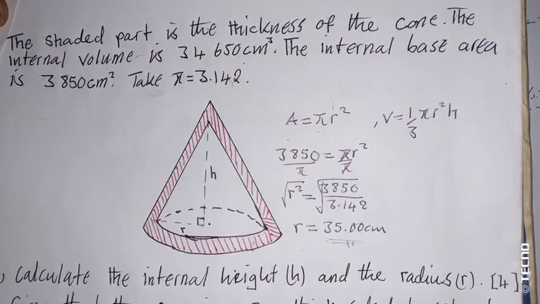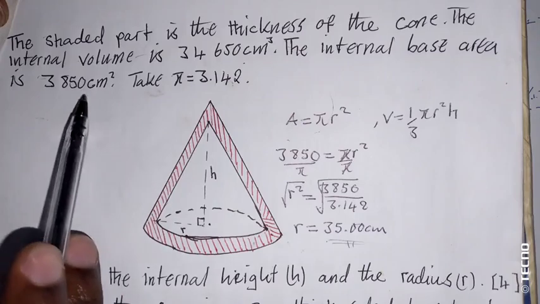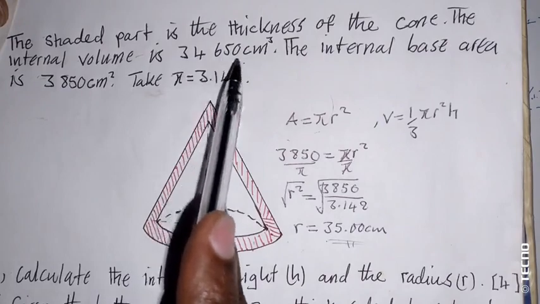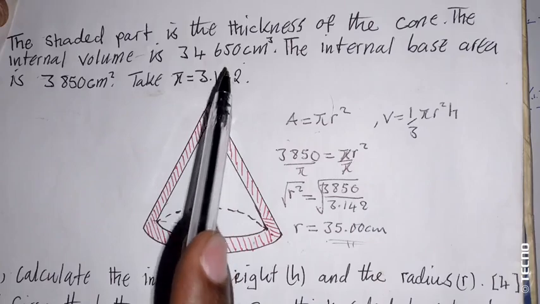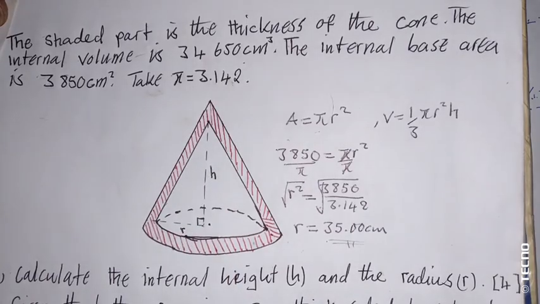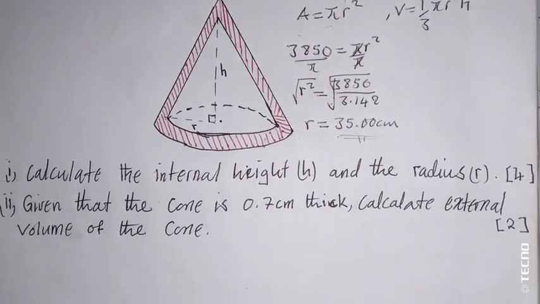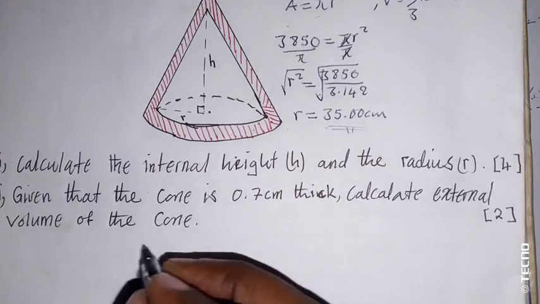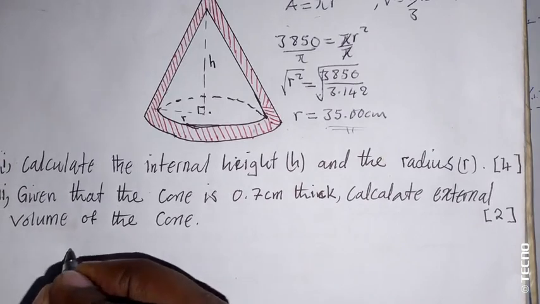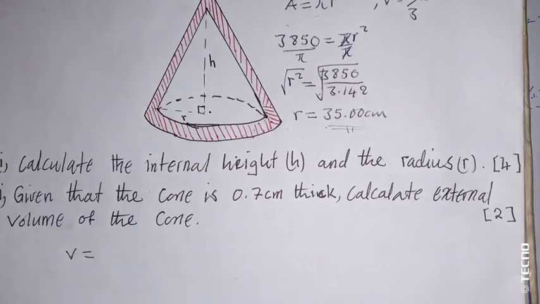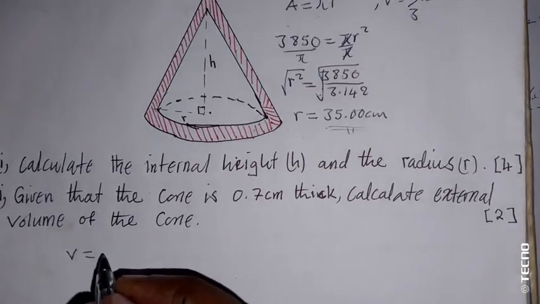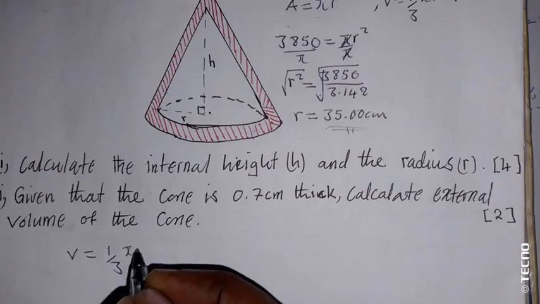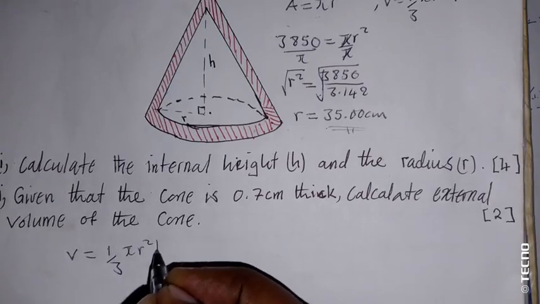So having this as our r, and we have been given the volume here, again we're going to use this value to find the value of h. Allow me to use the other space. Remember, the formula for volume: V is equal to 1/3 pi r squared h.